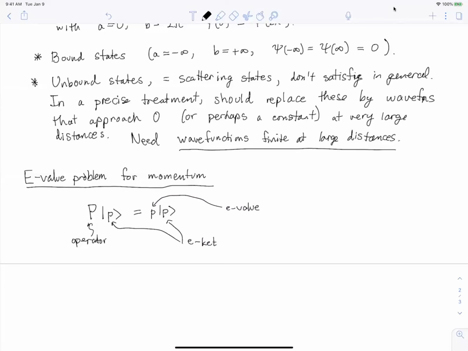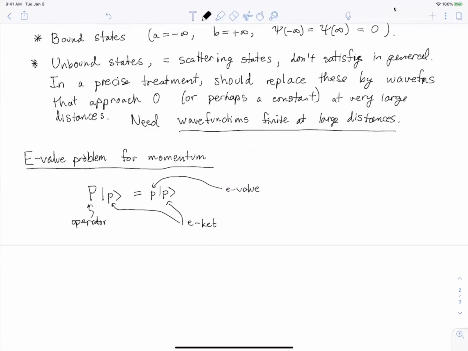Okay, and so this p is continuous, and so we have to impose Dirac orthonormality. What that means is instead of the inner product of p and p prime being a Kronecker delta, it's going to be a Dirac delta function, which means these things do not have finite norm.